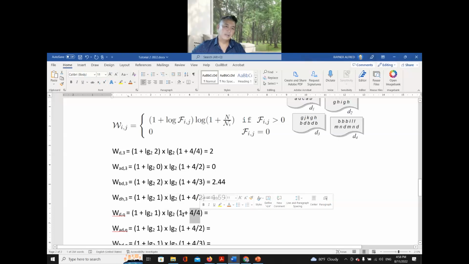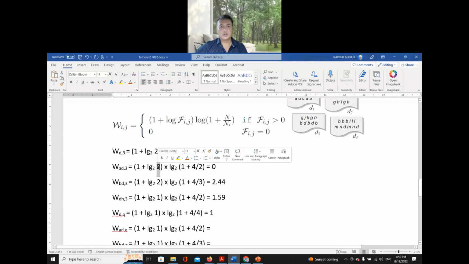Log 2 will be, what is log 2? 1 kan? Okay, doktor, one. Because this is 0, so this is 1. Okay. So always remember that when you have 0 of the frequency, automatic we have 0. Okay, so no need to count for this.